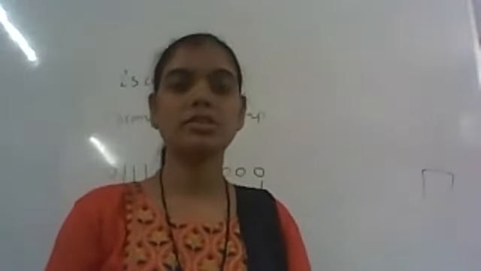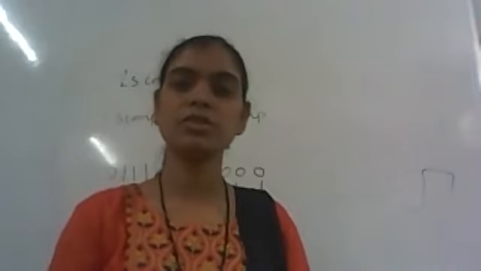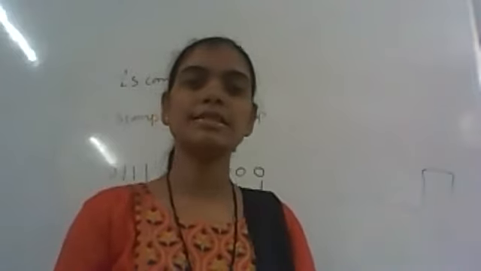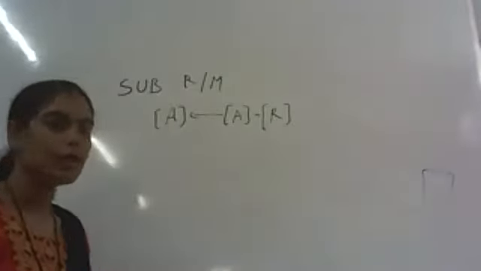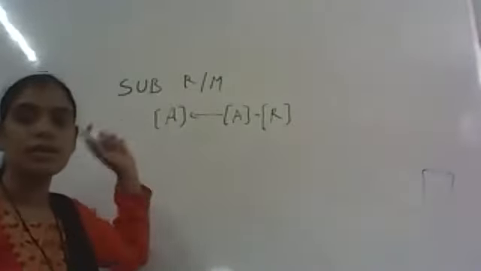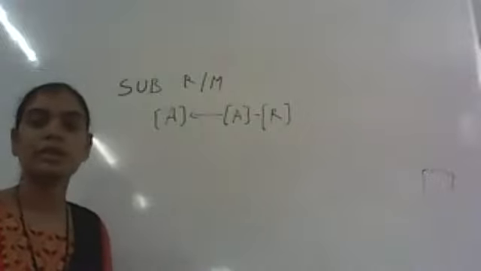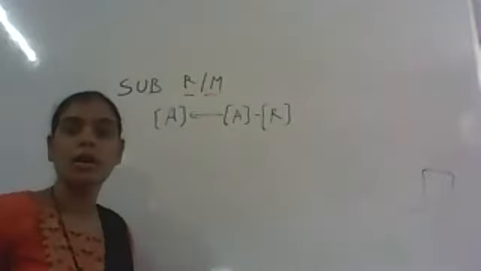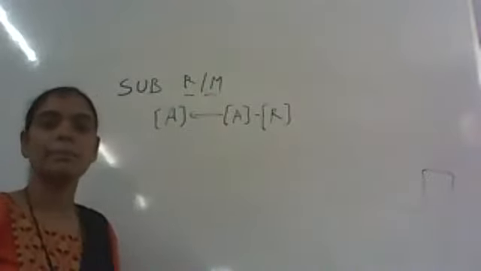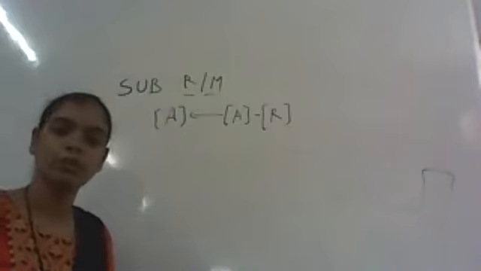Now see our instructions. The subtraction instruction, the first instruction is SUB. The content of any register or memory location is subtracted from the content of the accumulator register.